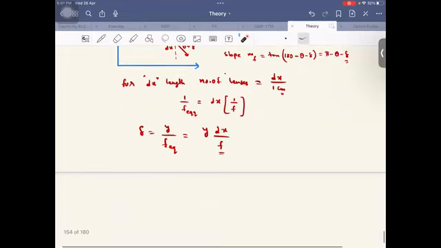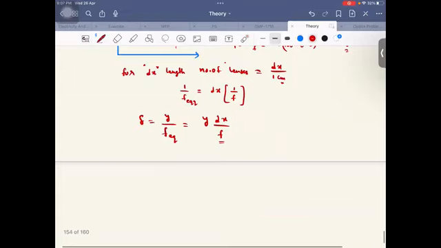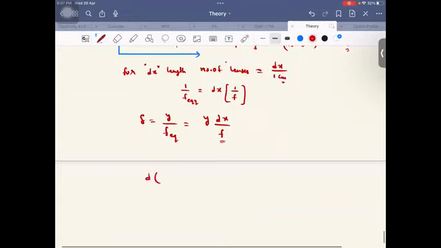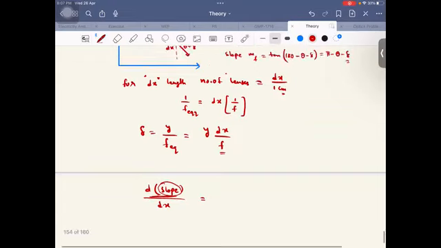Now I want to find the rate of change of slope with respect to dx. What is the slope formula actually? Tan theta only, no? And when theta is small, tan theta is basically a small change in angle, which we are calling delta.